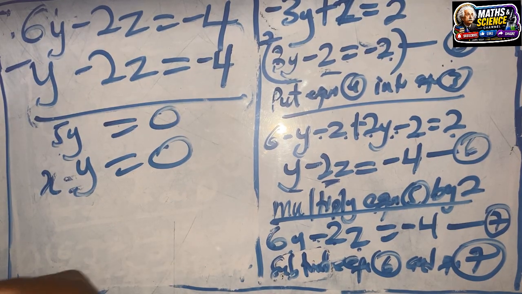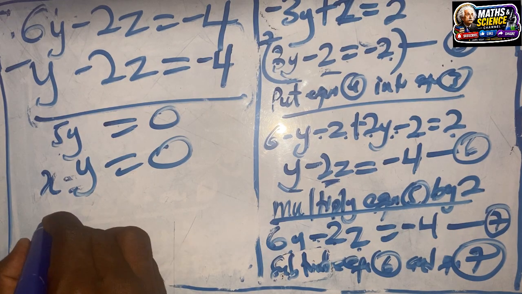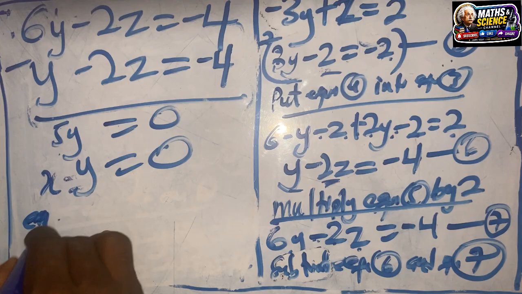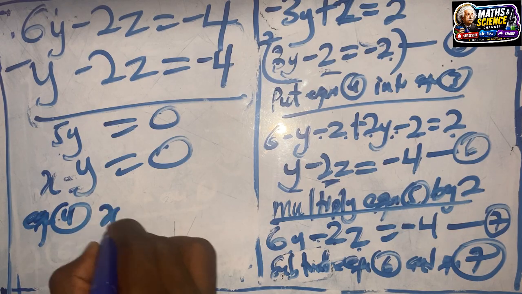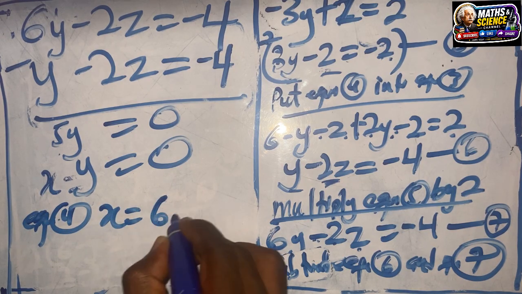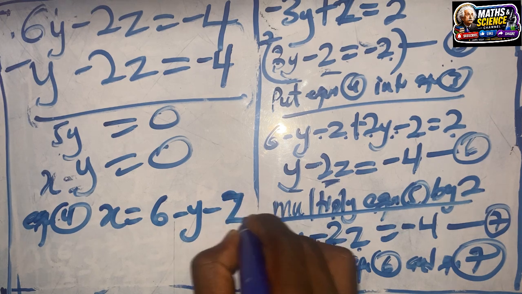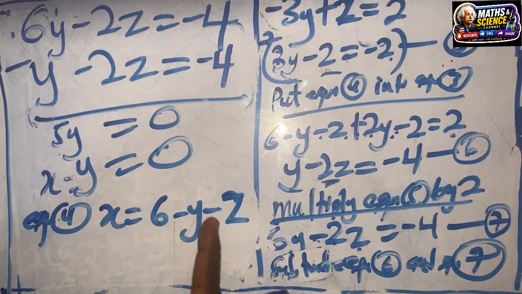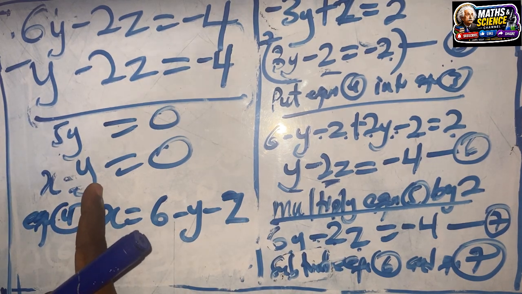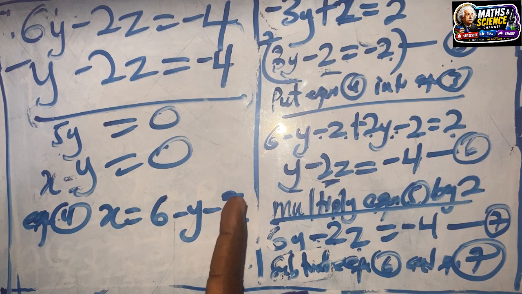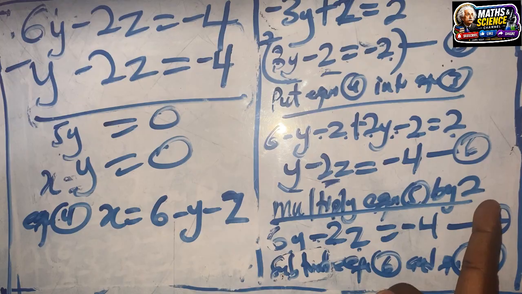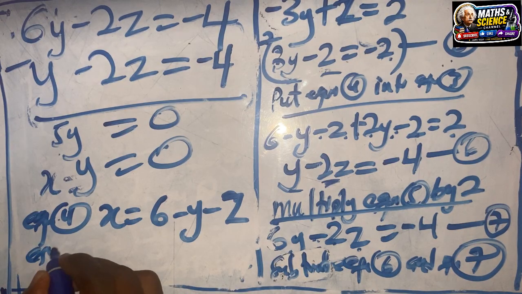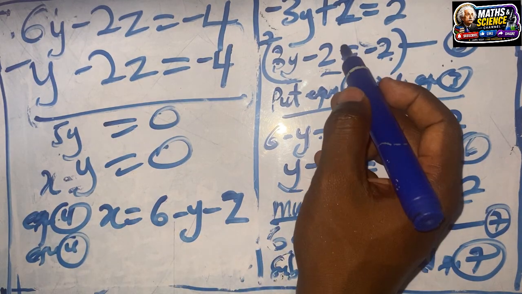From equation 4 we established that we had x equal to 6 minus y minus z, right? So from here, since I know the value of y, and then let's pick one of the equations.